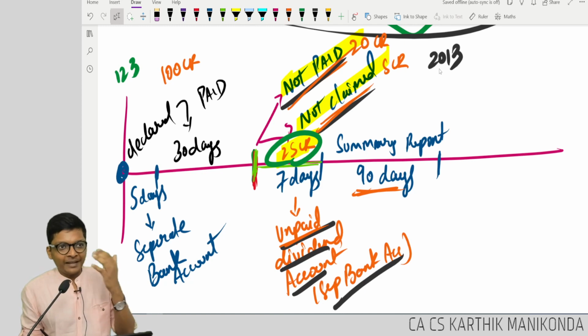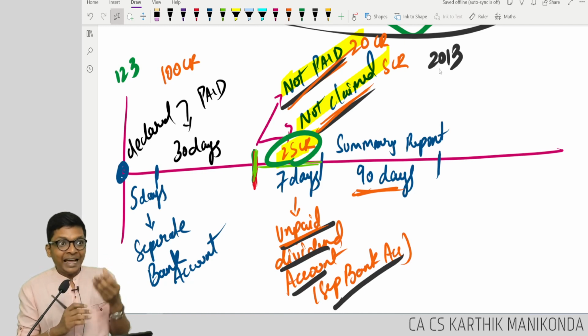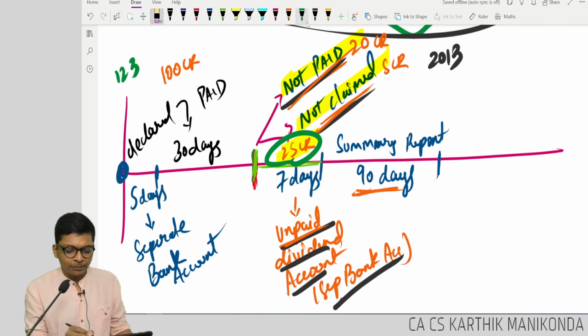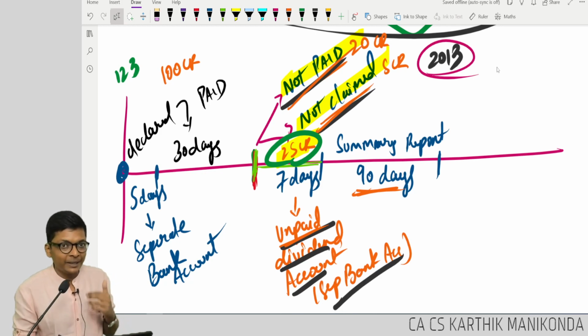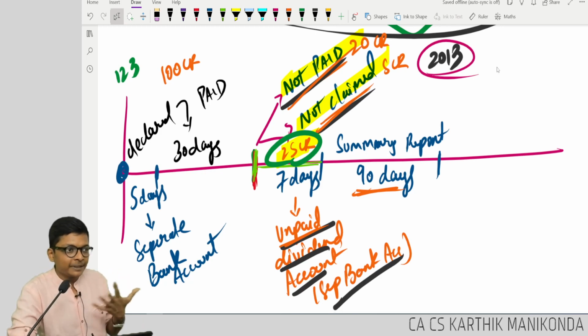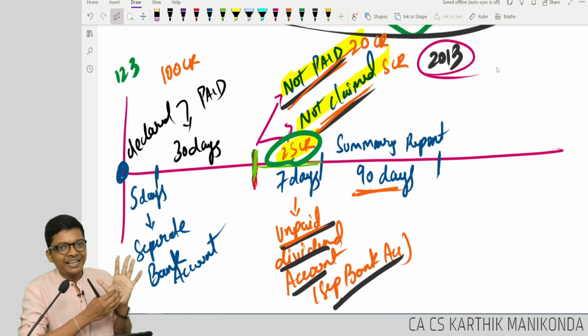In my room somewhere I found it. I found share certificates, 30 old share certificates, which were purchased in 1992, 1993, 1994, 1995. Old company share certificates. Some 30 to 40 companies I found in my house. Then I went and asked my dad, what is this? At that time I was studying. 2013 was when I wrote my inter exams. So I knew a little bit about the subject. So I knew it's a share certificate.